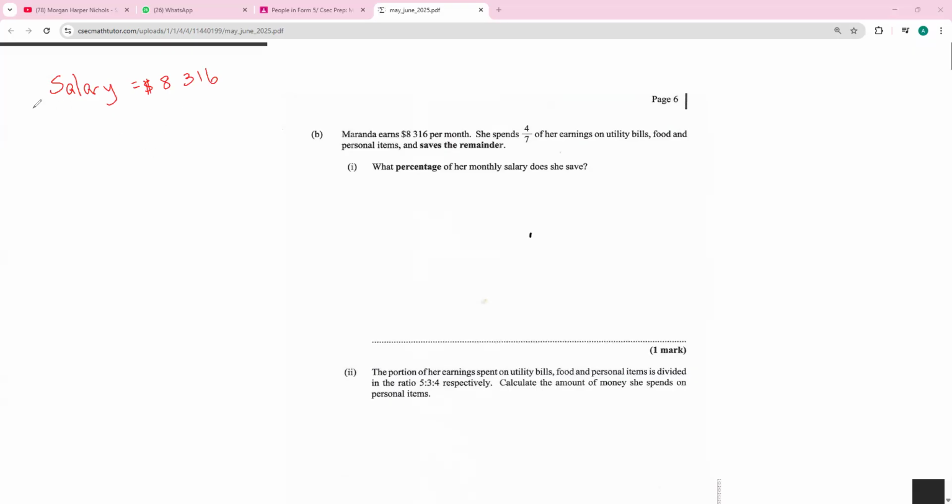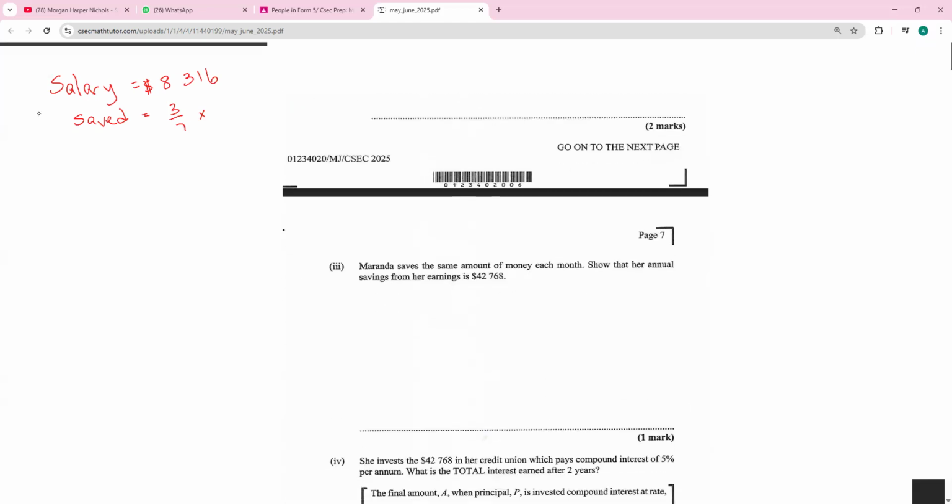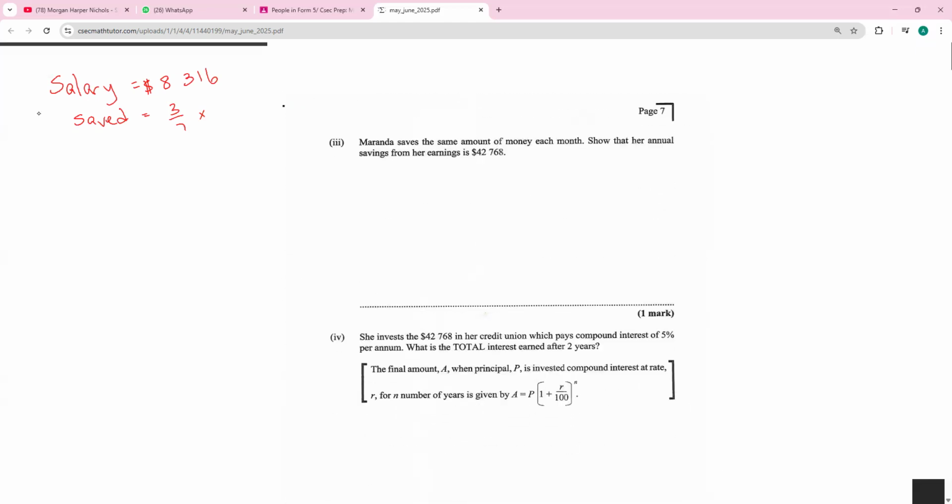She spent 4 sevenths and she saved 3 sevenths. Right? So we know that with the fraction before. So she saved 3 sevenths of her salary each month. So we could figure out how much money was saved, which was 3 sevenths.